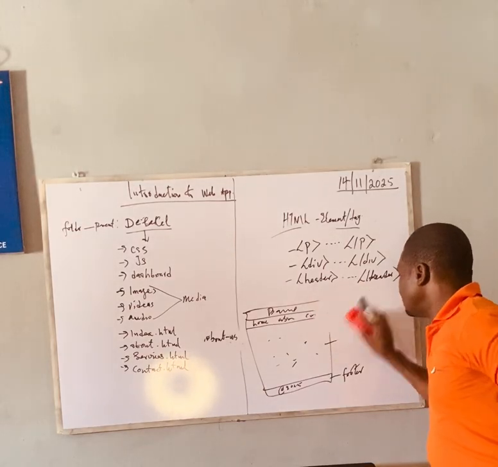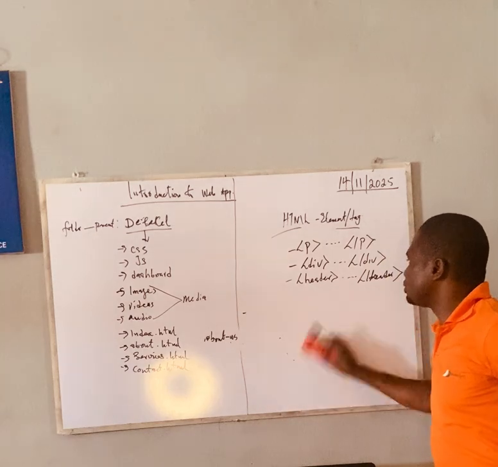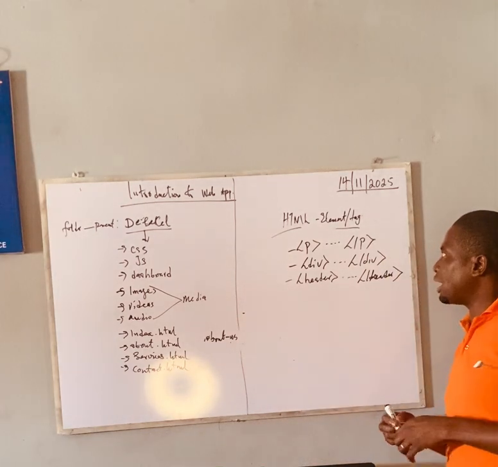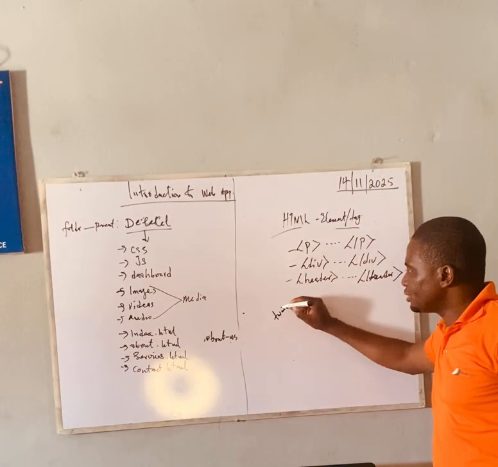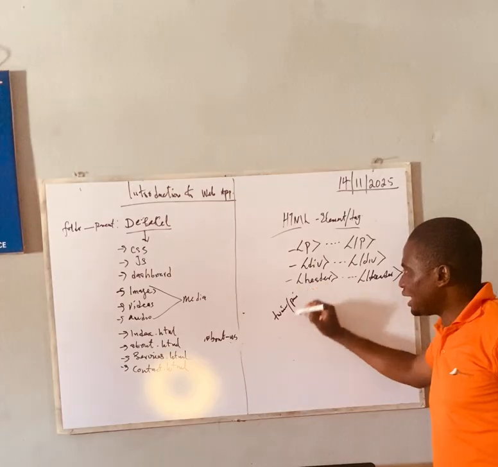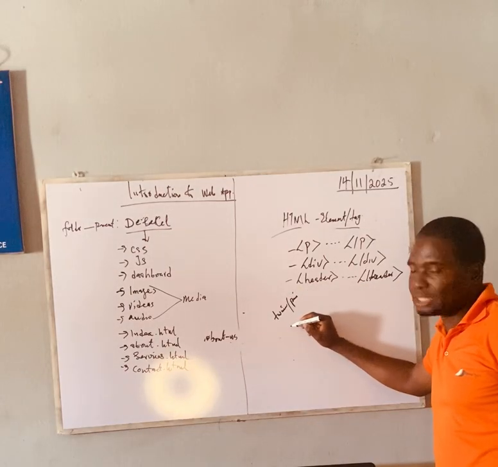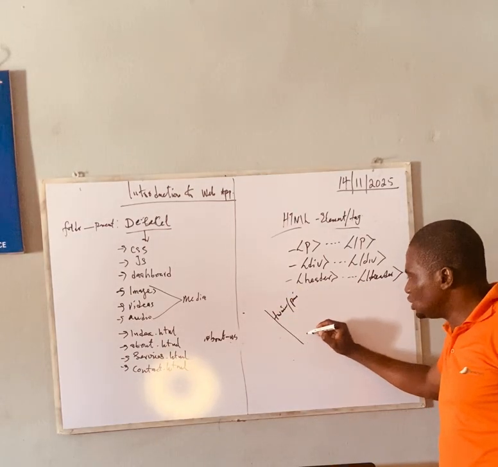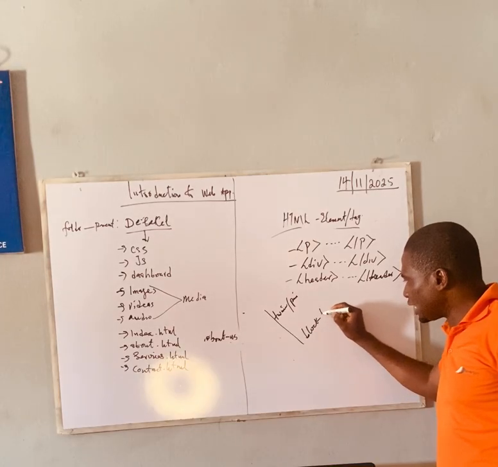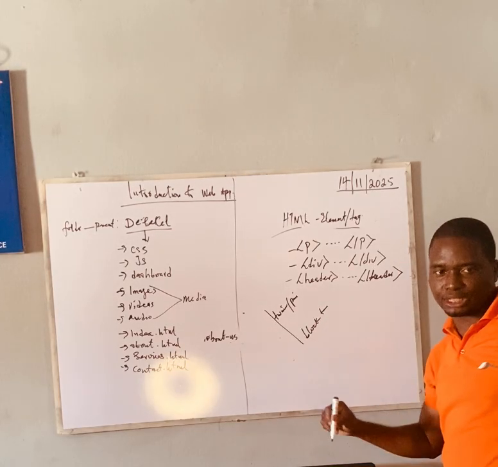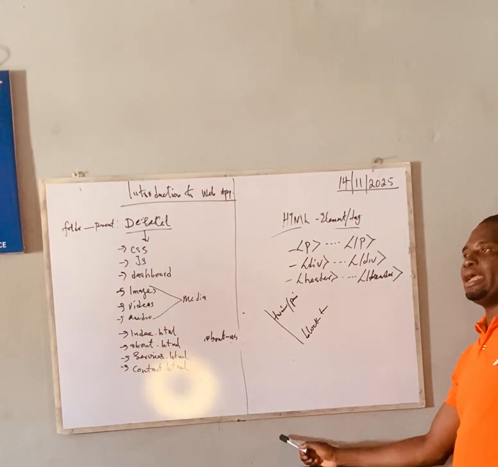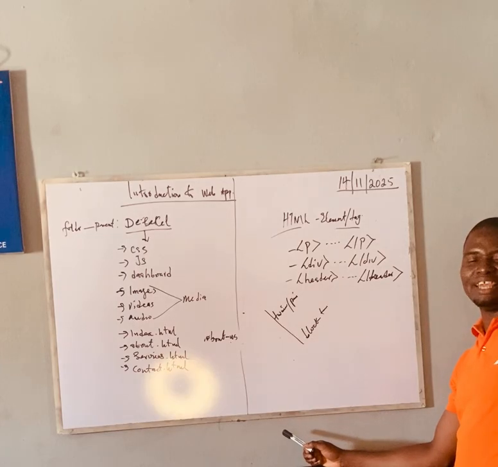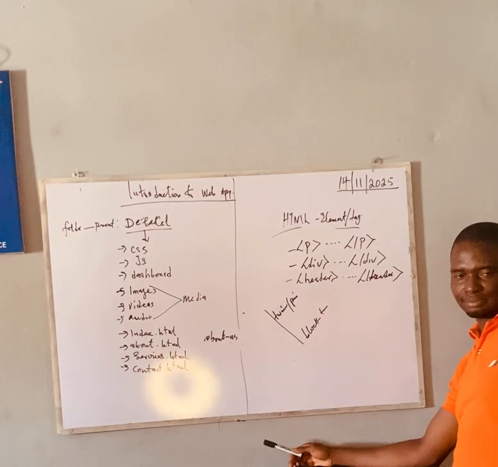Good. Then, now, remember, we said that we have twin tag or pair tag and untwin or unpair tag, right? We can further divide it into block tag and inline tag. Pay attention. Block means that this particular tag does not allow any other tag to be by its side. It's a block tag.